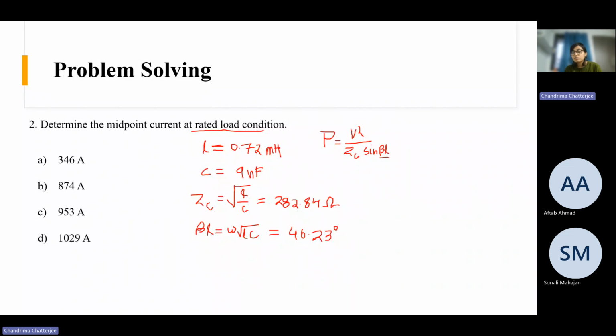Because in the question it was given that the TCSC is placed at the midpoint of the transmission line. That's why beta L by 2 is coming, and here also we will write sine delta by 2. And what is delta? It was given that for rated load condition, we can take delta equal to 60 degrees.